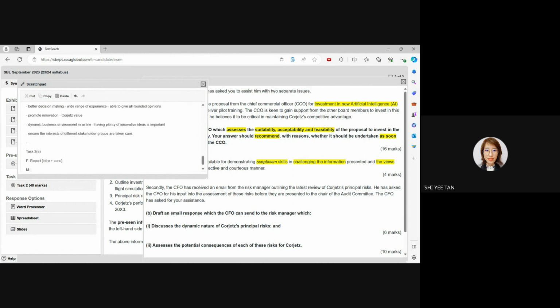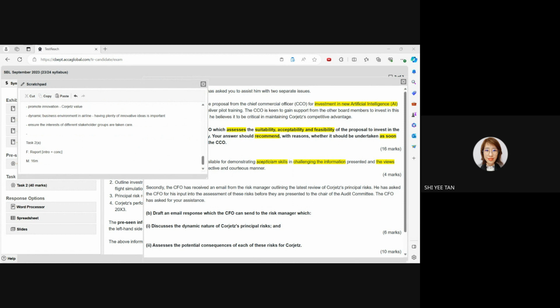How many marks? Oh, this one a lot. 16 marks. Then some students will ask, how do we segregate between assess and recommend? Now, assess and recommend, these two are at the same level. So when we say at the same level, usually you will divide half. But recommend itself will not give you a lot of points to write.